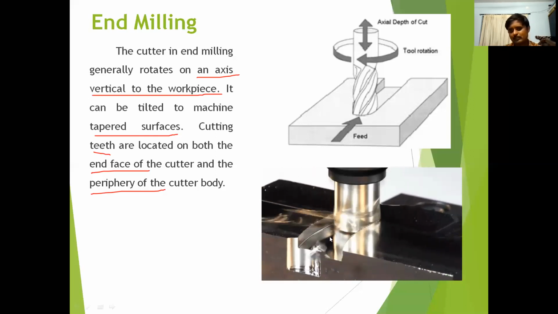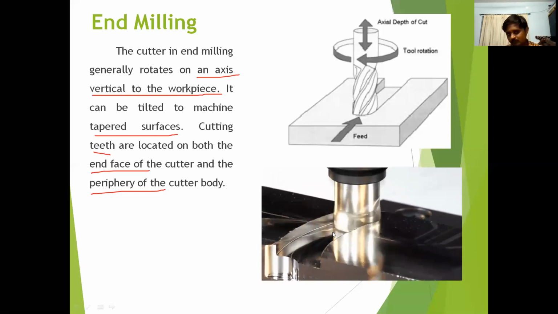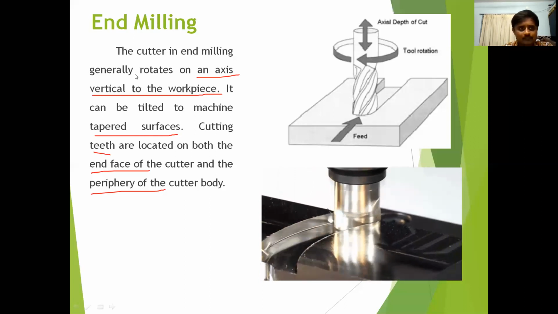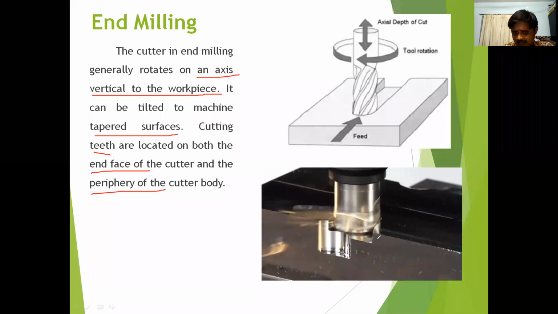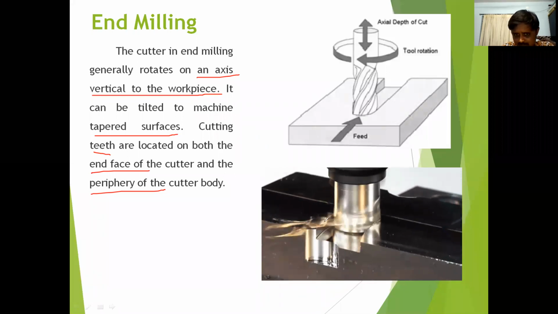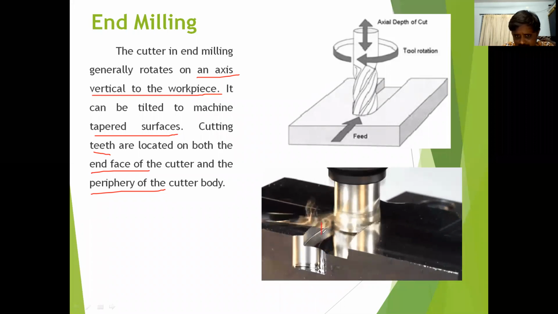Let's see how the material is removed. Here, by using this end milling, we are going to remove the material in two directions. Either you can remove the material in this direction and also in this direction.